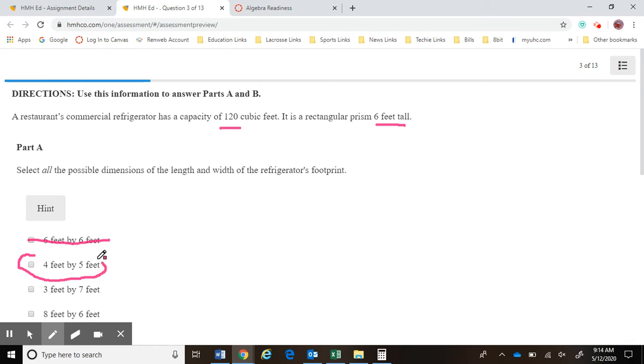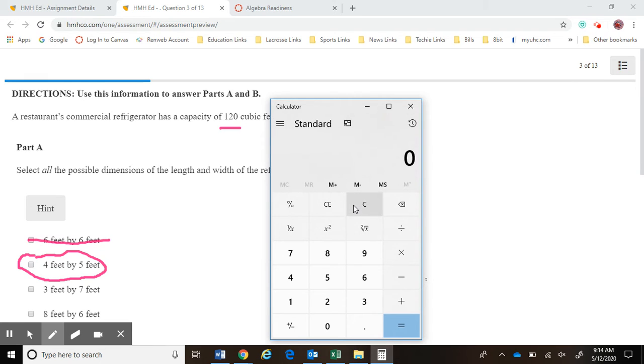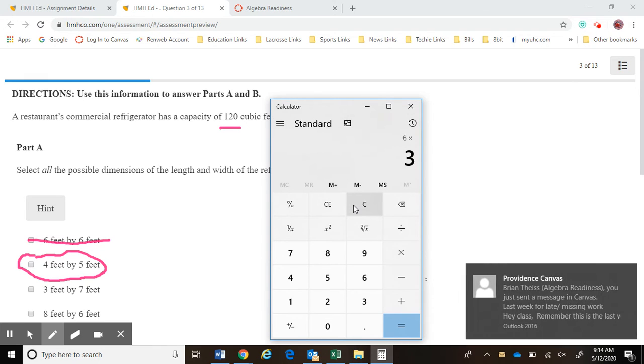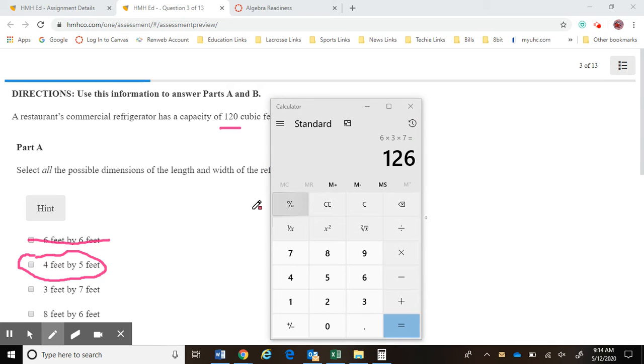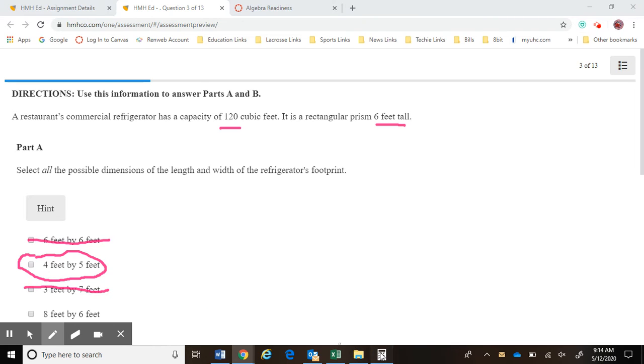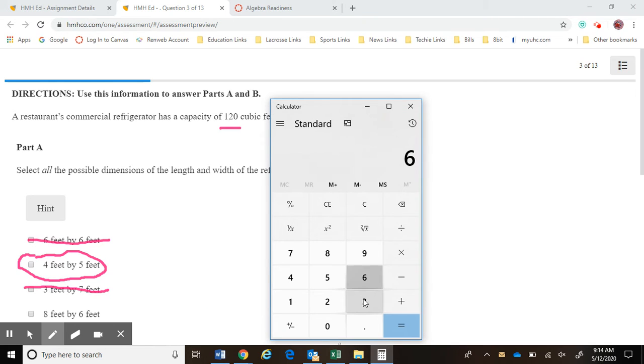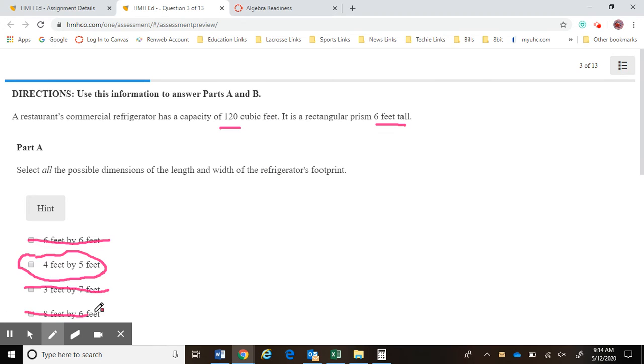We'll come back and check mark that in just a second. 6 times 3 times 7. Does that give me the answer? Nope, that one doesn't work. 6 times 8 times 6 gives me 288, so that's not going to work.